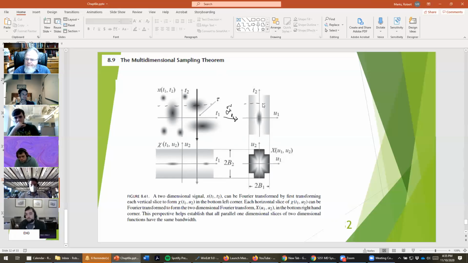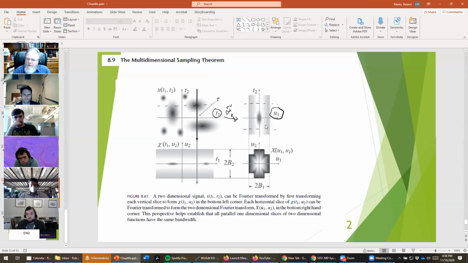Is that okay? And so notice that this is a function of T2 and T1. Over here, we have a function of T2 and U1. So in other words, the T1 variable has been transformed into the U1 variable because each slice of this has been Fourier transformed.